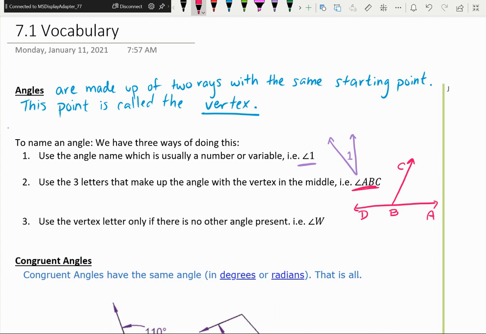I'm going to trace it, right? From A, I trace to B and then to C. The middle letter is always going to be the vertex letter. So I could name this angle ABC, or I could name the same angle CBA if I was going to name it with 3 letters.